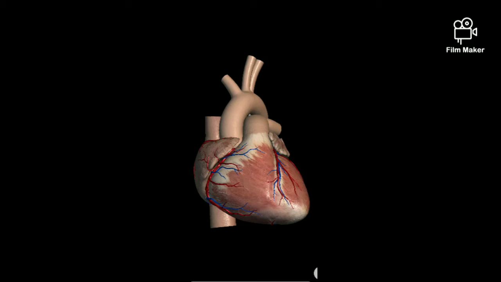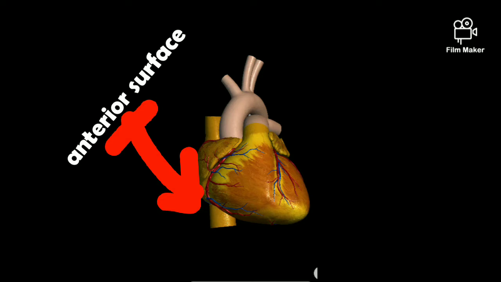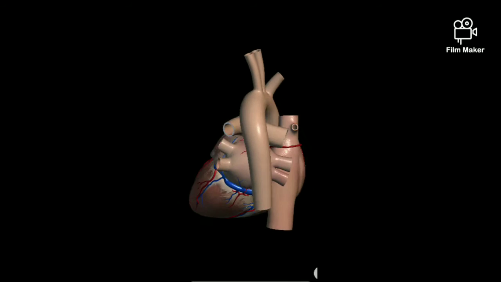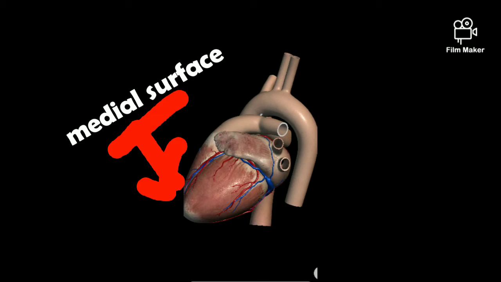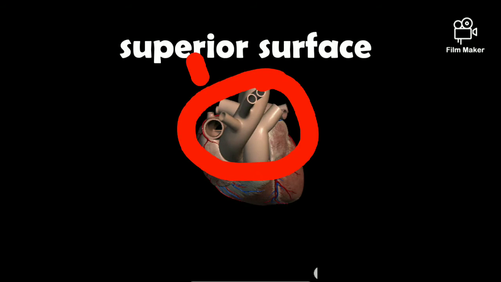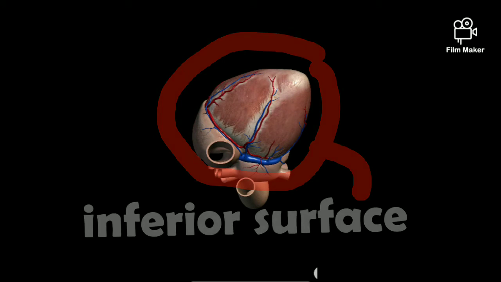In its typical anatomical orientation, the heart has 5 surfaces formed by the different internal divisions of the heart. This is the anterior surface, and this is the posterior surface, lateral surface, medial surface, and superior, then the inferior surface.